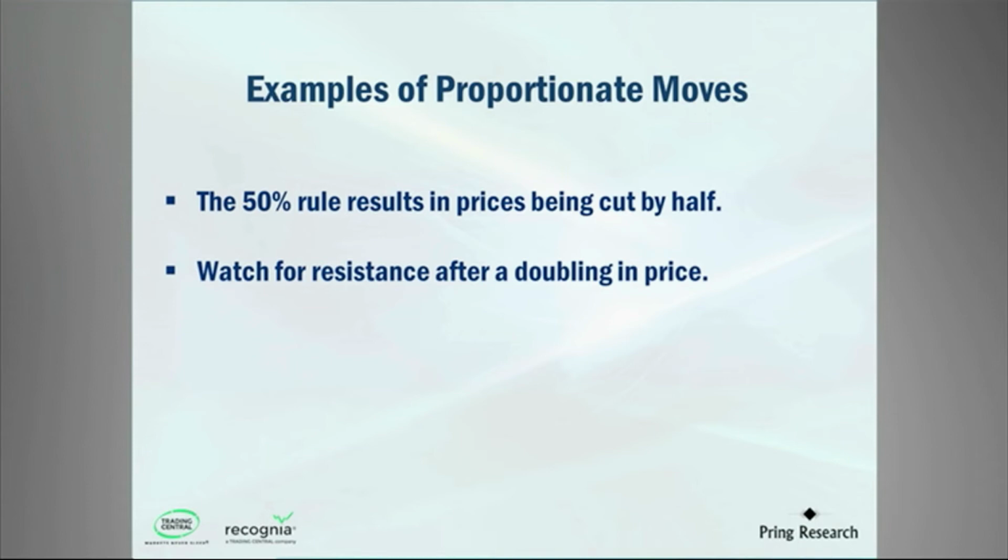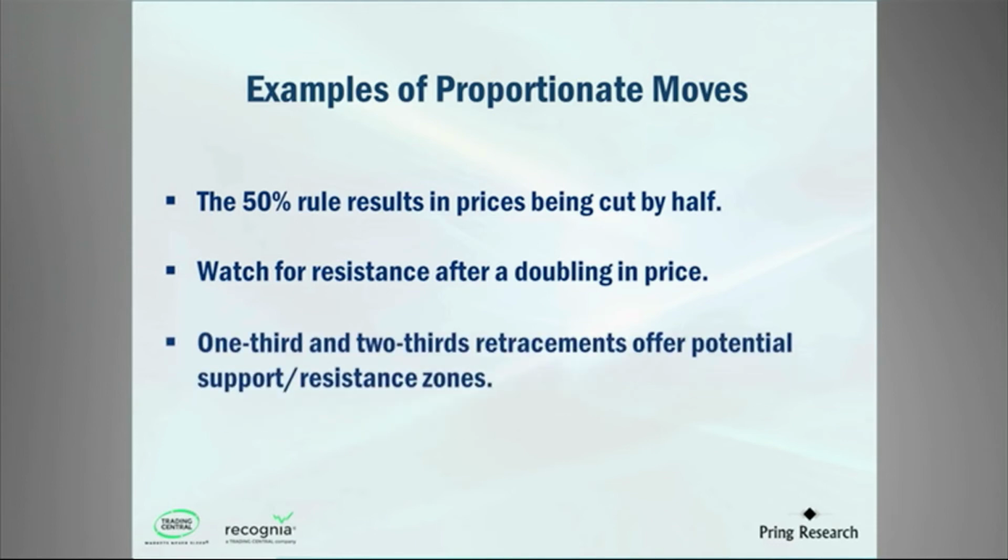In effect, the 50% mark falls halfway between the one-third to two-third retracement described earlier in the discussion of peak-trough progression. These 1/3 and 2/3 proportions can be widely observed in all securities and also serve as support or resistance zones.